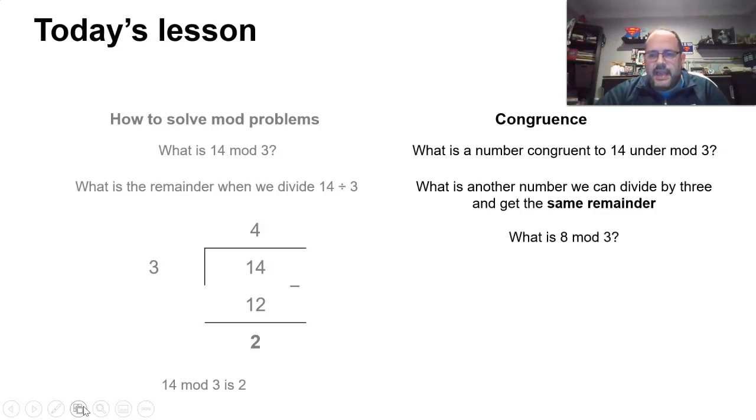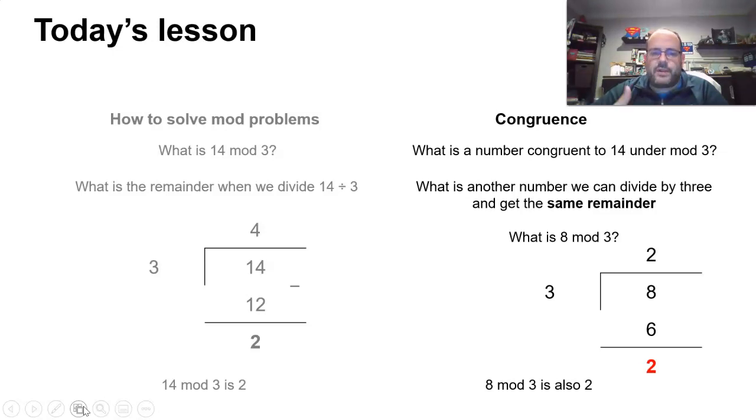Well, let's try 8 mod 3. 8 mod 3, we know means 8 divided by 3. What's the remainder? 3 goes into 8 2 times. 2 times 3 is 6. 8 minus 6 is 2. So 8 mod 3 is 2. 14 mod 3 is also 2.